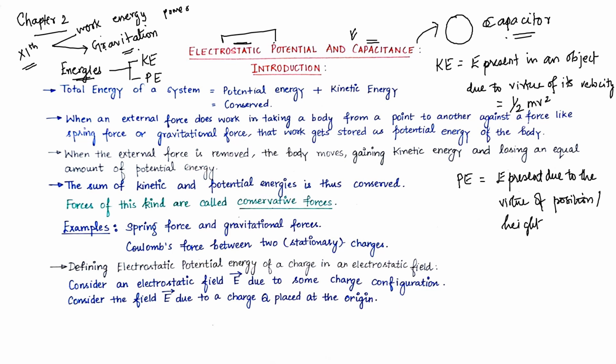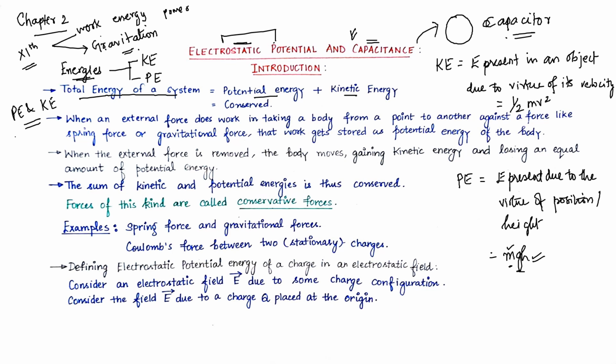So potential energy is given as mgh, where m is the mass of the object, g is the gravitational acceleration, and h is the height. The total energy of a system, potential energy plus kinetic energy, is conserved. The amounts of potential energy and kinetic energy can be interchanged.